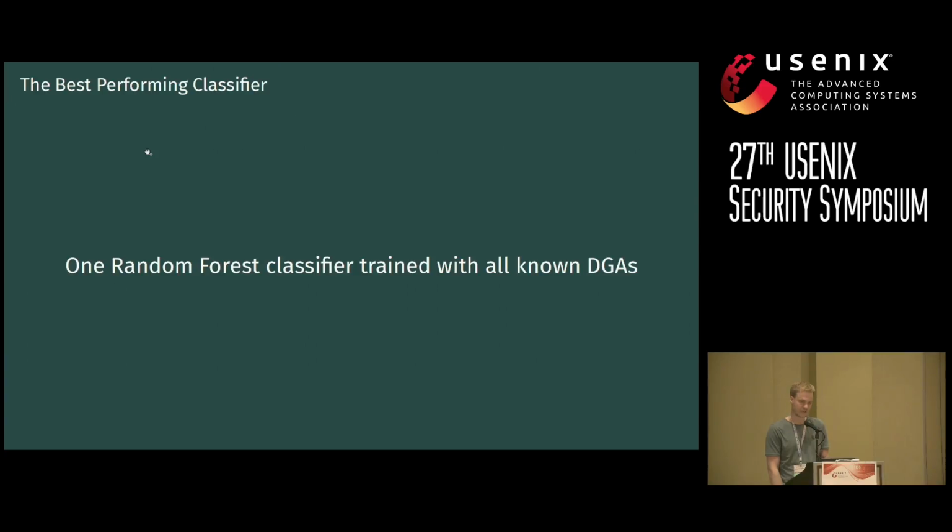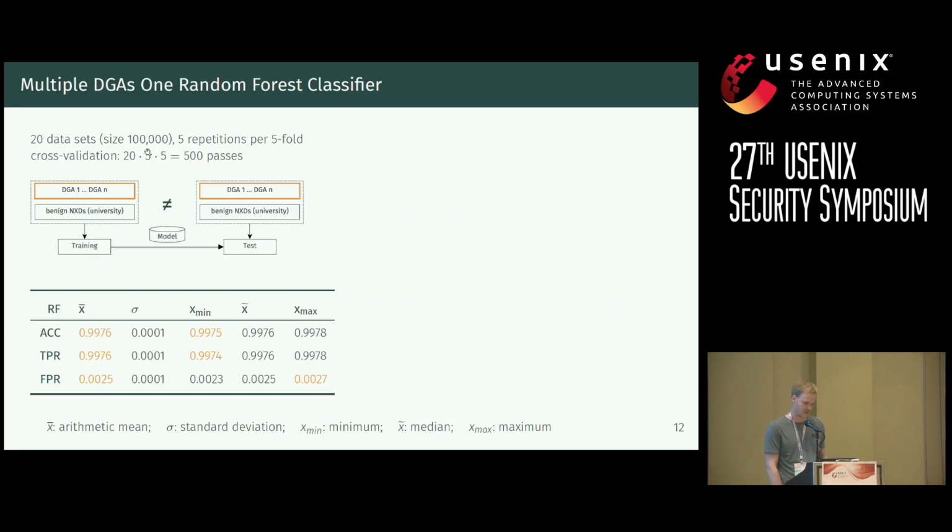To get an idea of how well this classifier performs, I present in the following 3 experiments from our laboratory evaluation. The first experiment had the goal to test FANCI's capabilities in detecting domains of known DGAs.